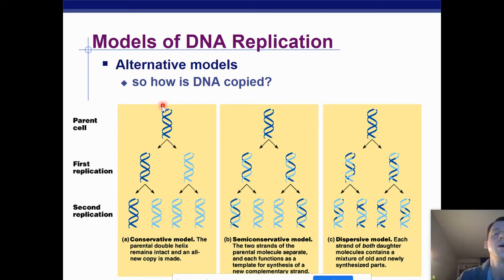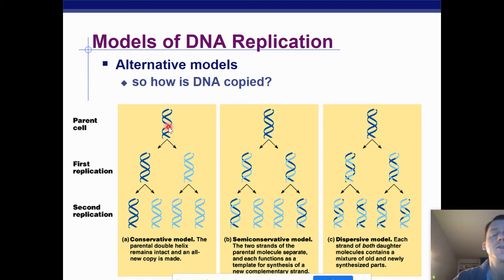So we start with our parent DNA. It is dark blue. And then we have our three different models. So we have the conservative model, the semi-conservative model, which is the correct one. That's the middle one. And then the dispersive model, which is sort of an out there model that doesn't really make any sense.